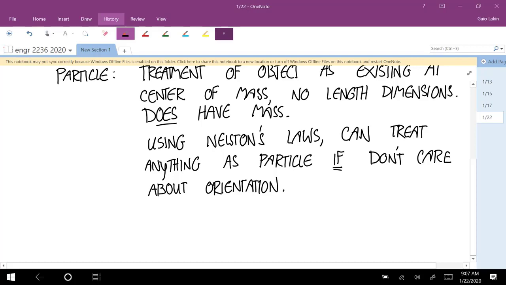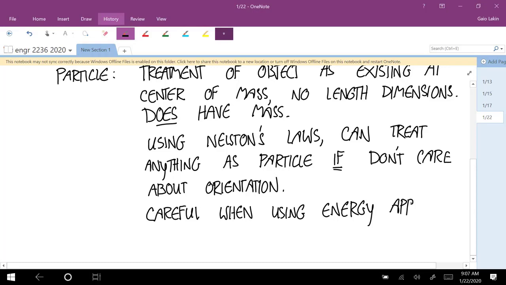You can't do that using an energy approach. So you have to be careful when using an energy approach. But we're not going to do that yet.